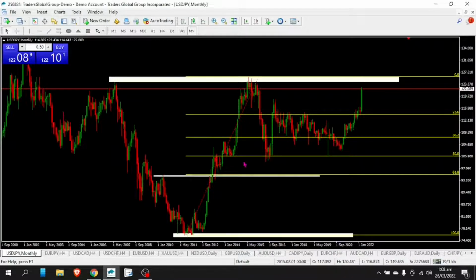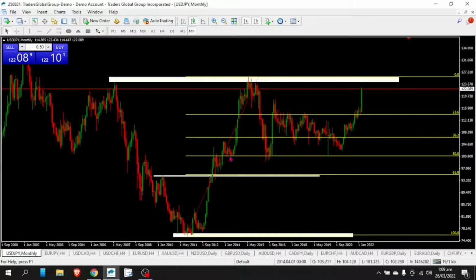Now I told you that I don't focus on these 38.2, 23.6 ratios. I mostly focus on the 50.0 ratio and 61.8 ratio. Well, that is the ratio that most traders use. 90% of traders watch out for these ratios, 50.0 and 61.8.